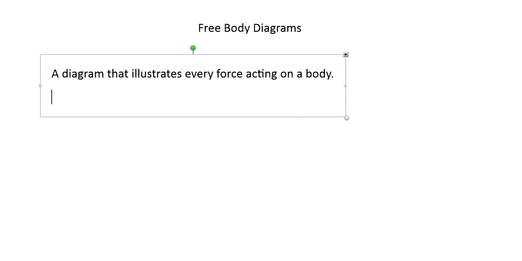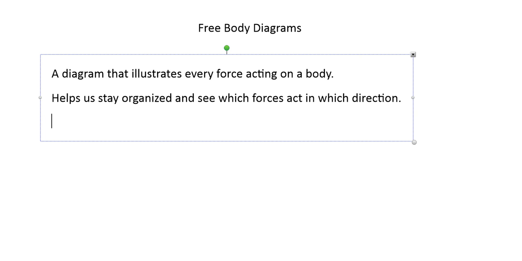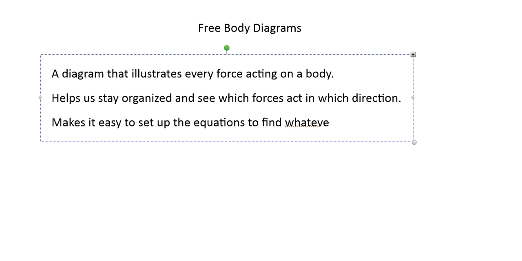Well, it's important because it helps us stay organized and see which forces are acting in which direction. After that, we can use the free body diagram to set up the equation. So it makes it very easy to set up the equations to find whatever it is we're going to find.